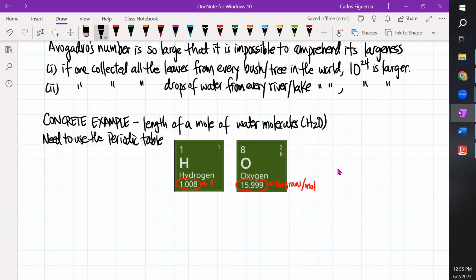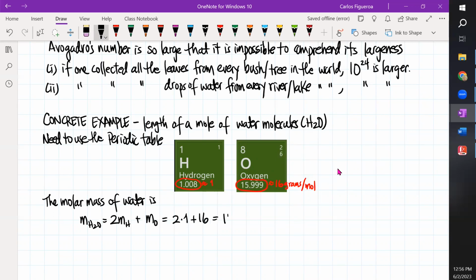So then what we could say is that the molar mass of water is, because it's H2O, that means I have 2 hydrogen masses plus 1 oxygen mass. And if I look at that, that's going to be 2 times 1 plus 16.